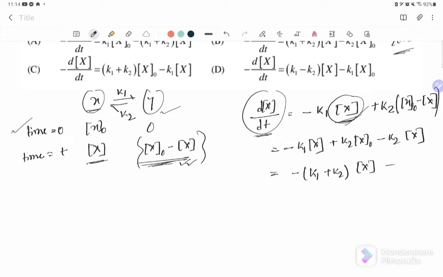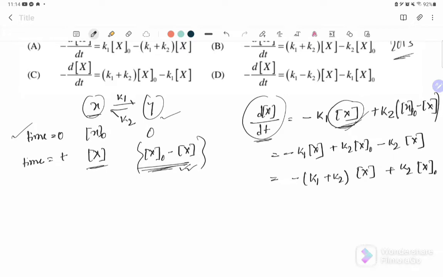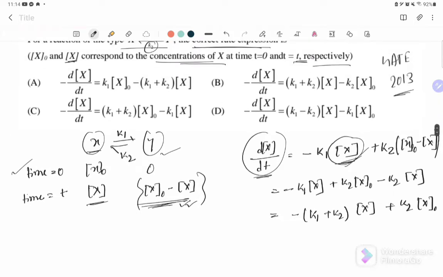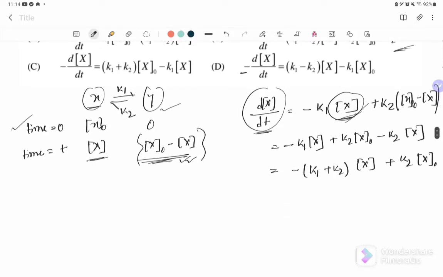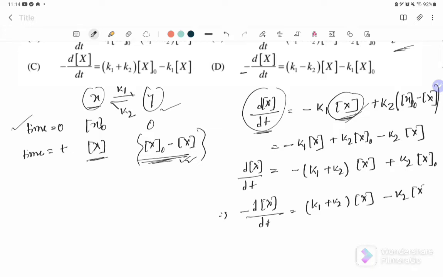But in every option there is a minus in dx/dt, so minus dx/dt will be (k1 plus k2) x minus k2 x0.